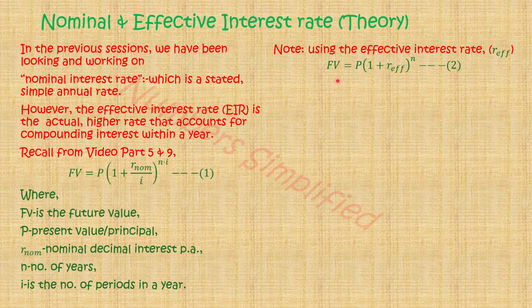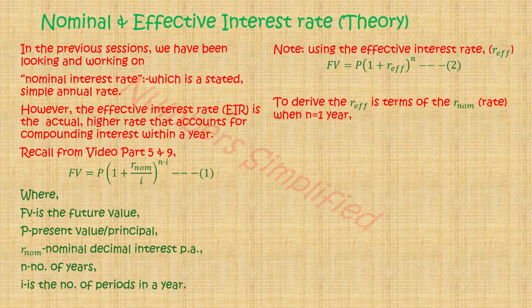Now that we have two formulae, one based on the nominal interest rate and the other based on the effective interest rate, in order to derive the effective interest rate in terms of the nominal interest rate, when N is 1, that is to say within a year, we can find the relationship between the nominal and the effective interest rate directly.